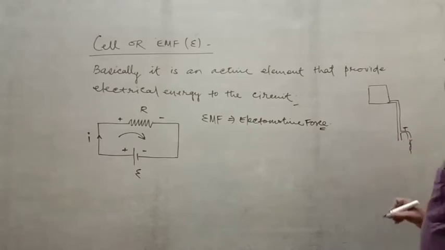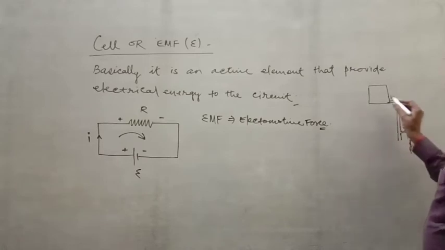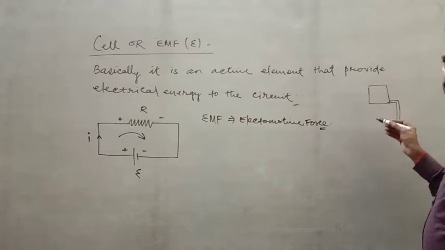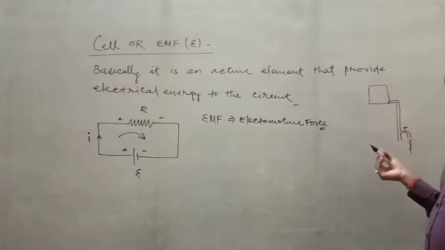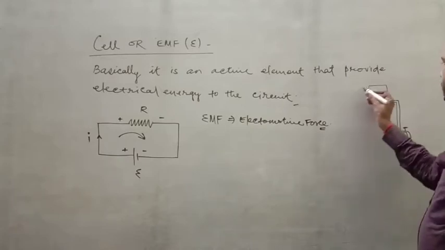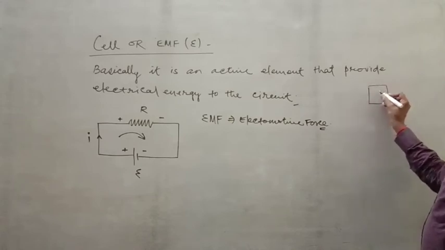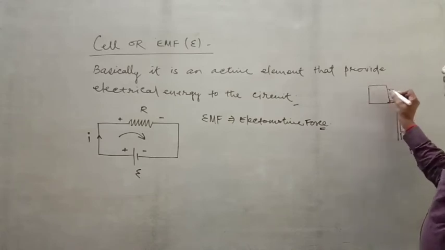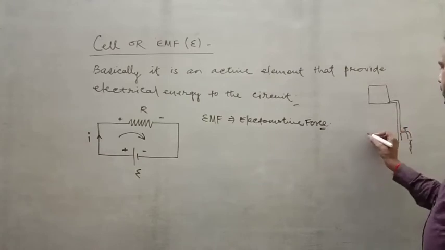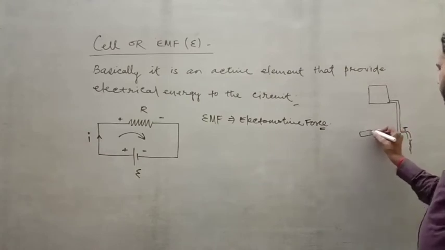Alright. But now you want to store water in this tank. So there will be some mechanical work done using electricity, by which you can drain water, and by draining water you can fill this tank. Okay, so you need some mechanical work done using this.